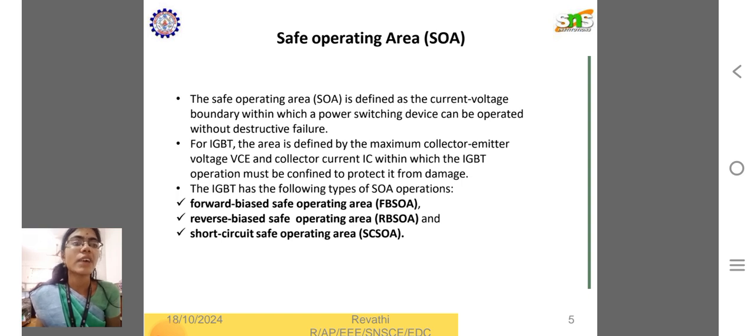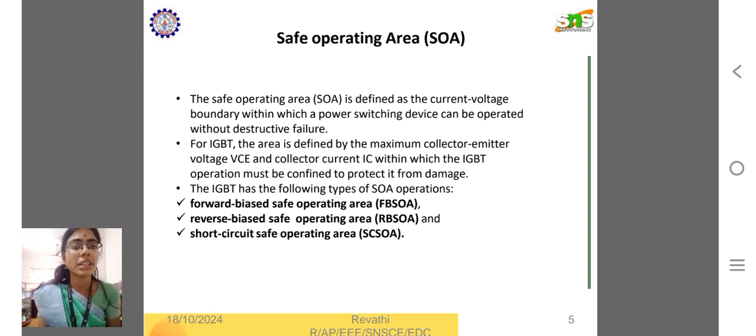The safe operating area, SOA, is defined as the current voltage boundary within which a power switching device can be operated without destructive failure. For IGBT, the area is defined by the maximum collector emitter voltage VCE and collector current IC, within which the IGBT operation must be confined to protect it from damage.